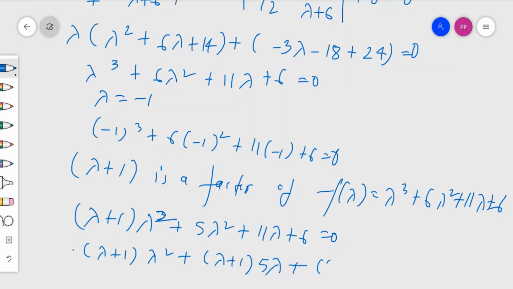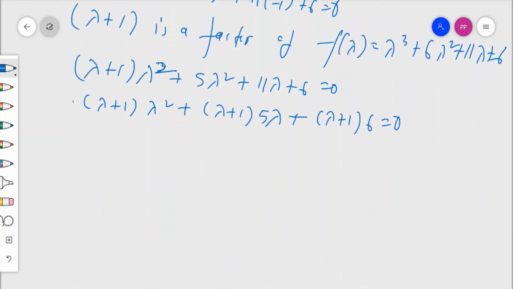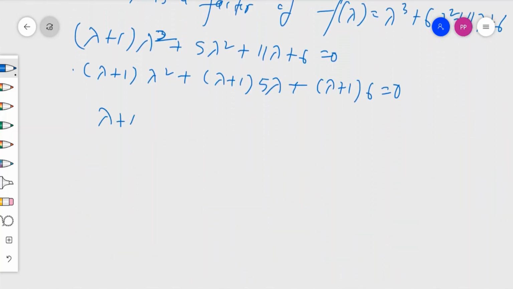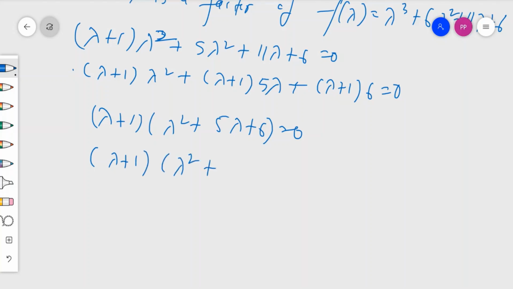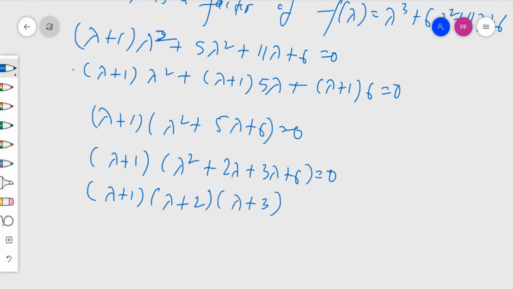If I take lambda plus 1, 6 should come like this. So therefore I get lambda plus 1 as a factor, and then lambda square plus 5 lambda plus 6 equal to 0. It means lambda plus 1, lambda square plus 2 lambda plus 3 lambda plus 6 equal to 0, which implies lambda plus 1, then the factor lambda plus 2, then the factor lambda plus 3. So you can solve it with patience to get the roots. Lambda 1 is minus 1, lambda 2 is minus 2, and lambda 3 is minus 3.